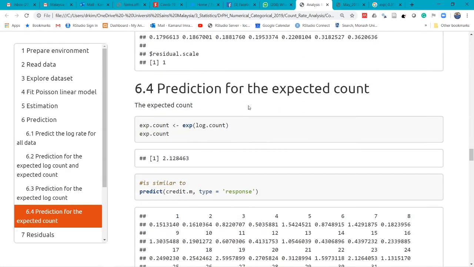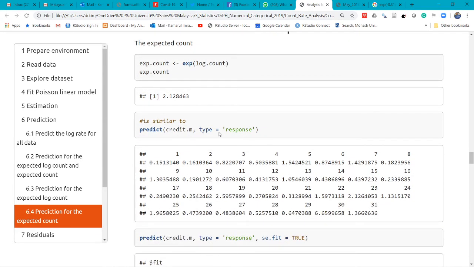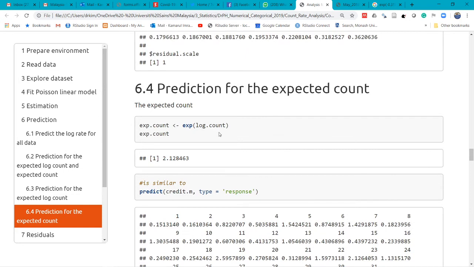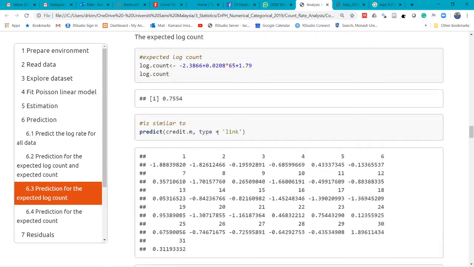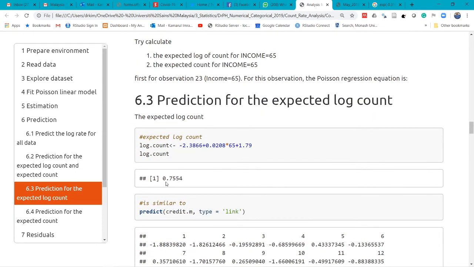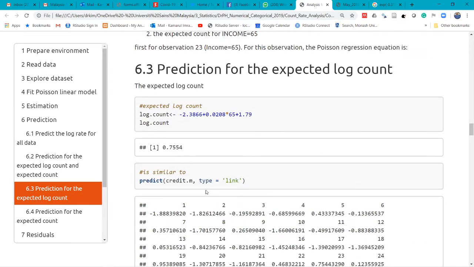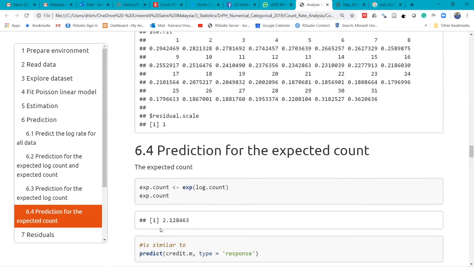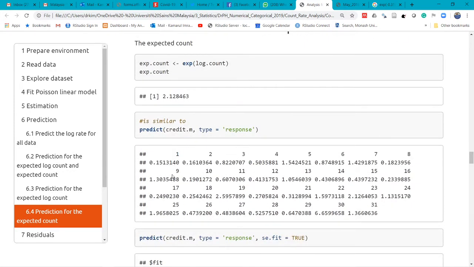To get the expected count, just exponentiate the log of count. We look here at the log of rate, 0.7554, then we exponentiate this one and we get the value of 2.12. It's similar by using predict type equal response.